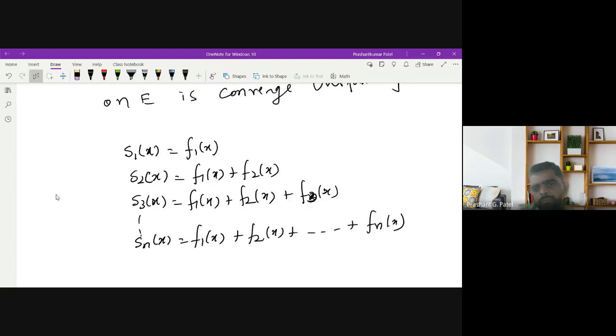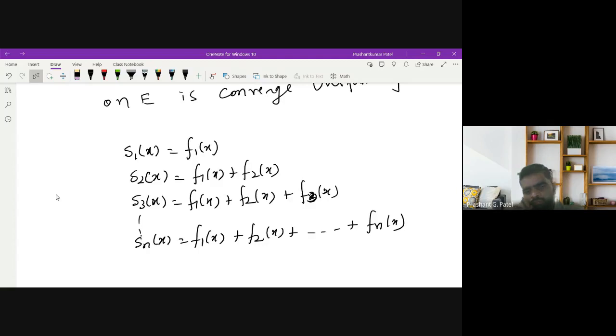And if this sequence of partial sums converges to a sum function uniformly, then we can say that the series is uniformly convergent. It is the same definition as for pointwise convergence. If the sequence of partial sums converges pointwise to some function, then it is a pointwise convergent series.